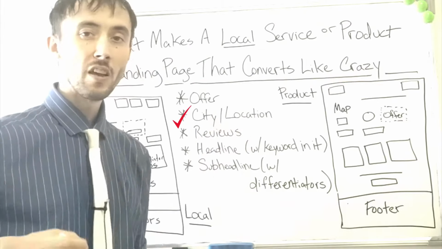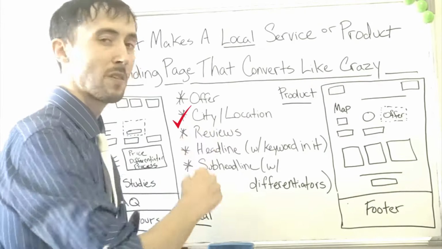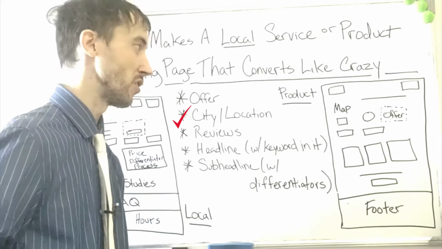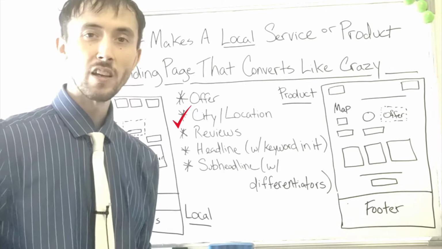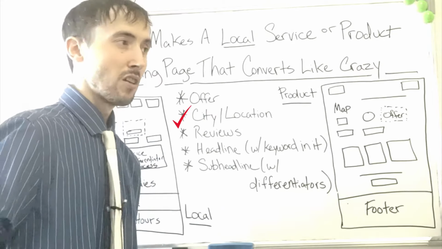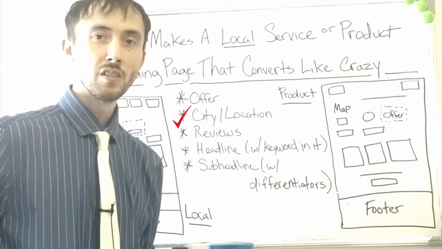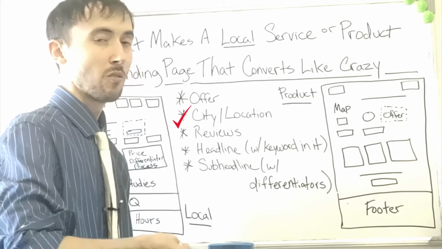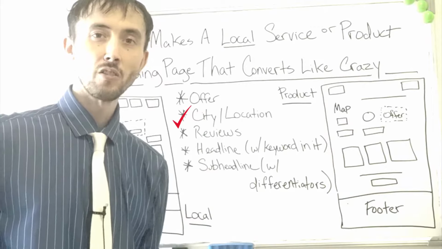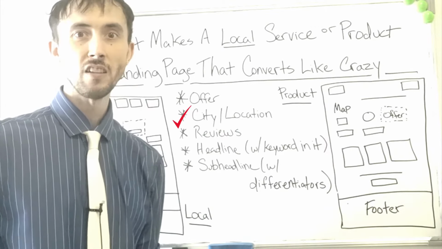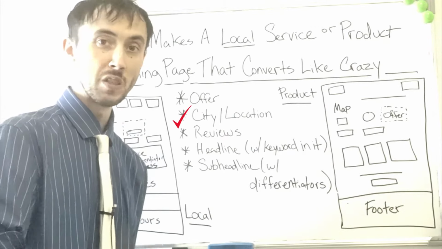The second thing I see on a lot of landing pages is they don't have the city or location on the landing page. I'm sure you've noticed too, if you're trying to get a contractor, you type in contracting services in your city, Dallas, whatever. You see some ads there that say contracting services. They don't say they're in Dallas, which is mistake number one.